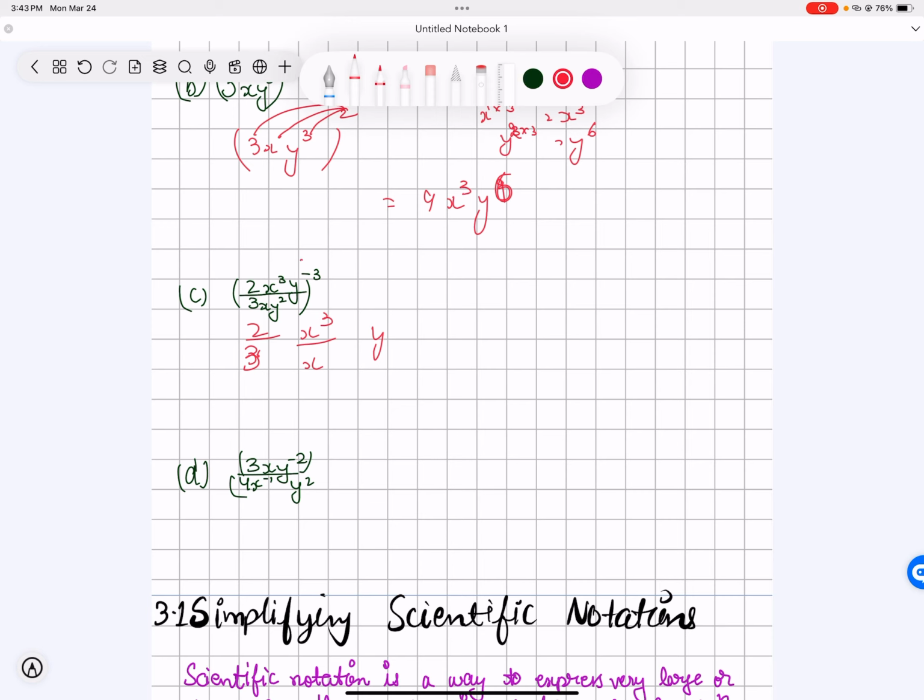And then we're going to multiply everything by 3. We're going to multiply the top by 3, and then we're going to multiply the bottom by 3. So we get 2 times 3 is 6, and then 3 times 3 times 3, we get 27.